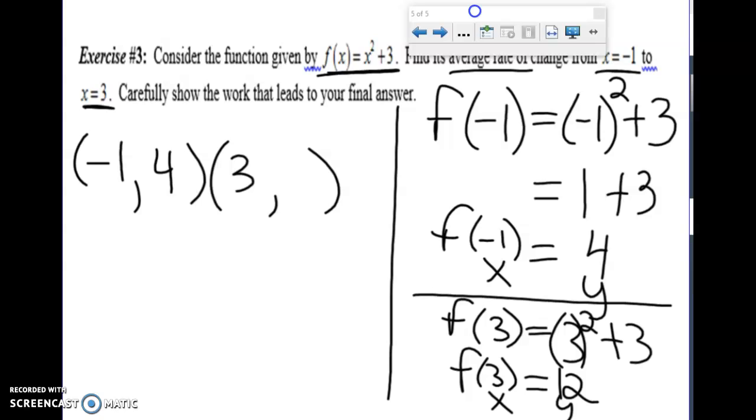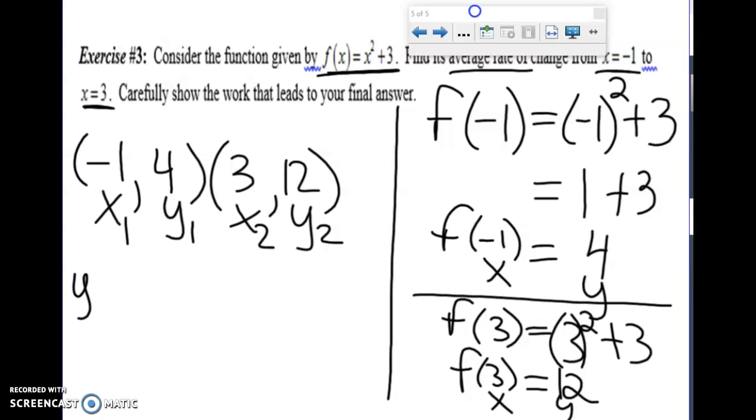So we put it into our points, 3, 12. And we've got the 2 points that we need, the 4 values that go into the formula. Here's x, here's y, here's x, here's y. Here's the first one, here is the second one. After that, look back up at the top of the notes if you need to for the formula y2 minus y1 over x2 minus x1.